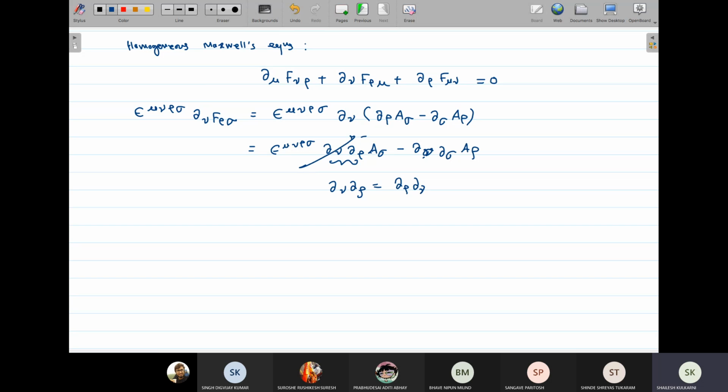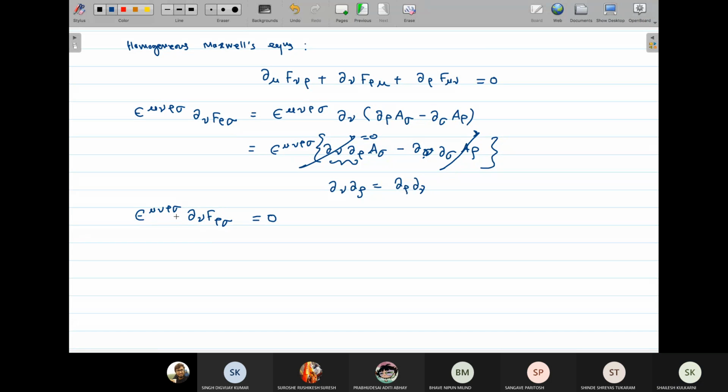So this term goes out. Again, del nu del sigma is symmetric in nu sigma, but epsilon is antisymmetric in nu sigma; if you interchange nu and sigma, you get a minus sign. So this is also 0. That means epsilon mu nu rho sigma del nu F rho sigma equal to 0.